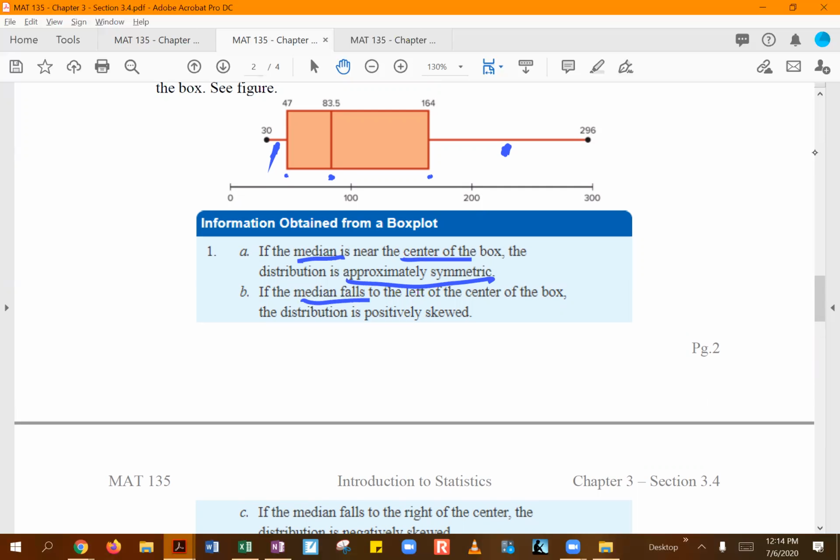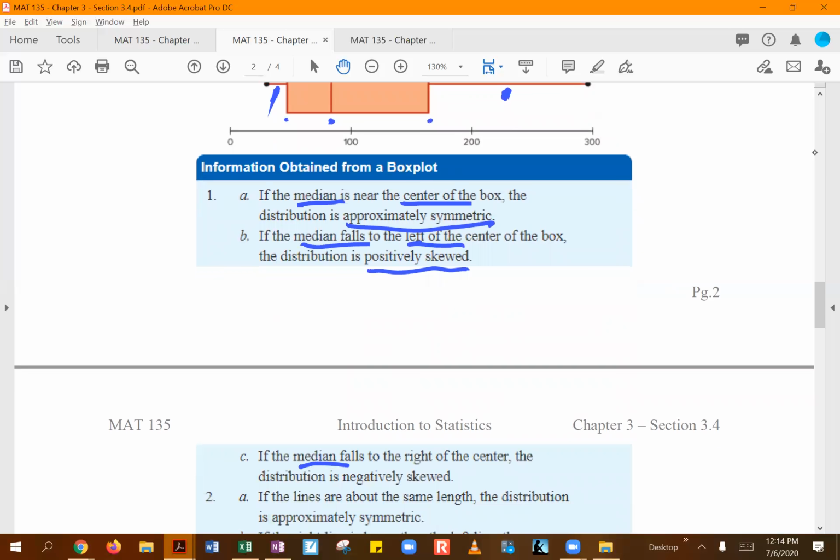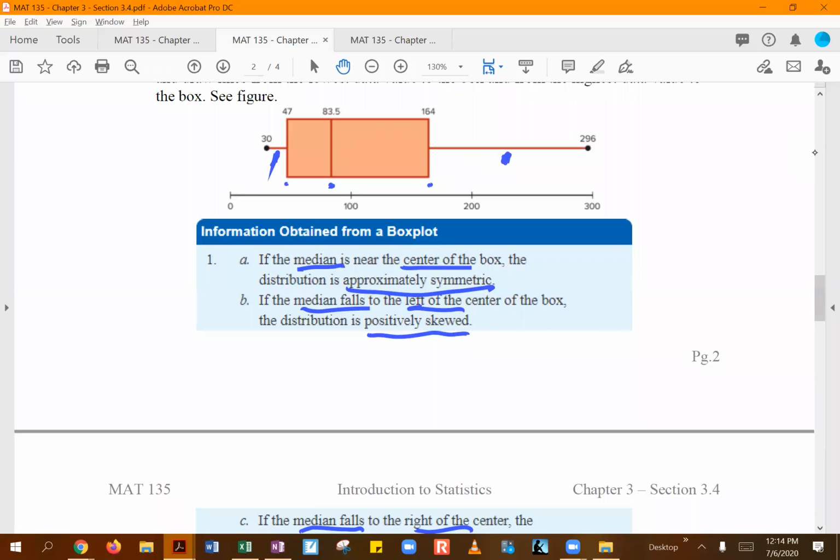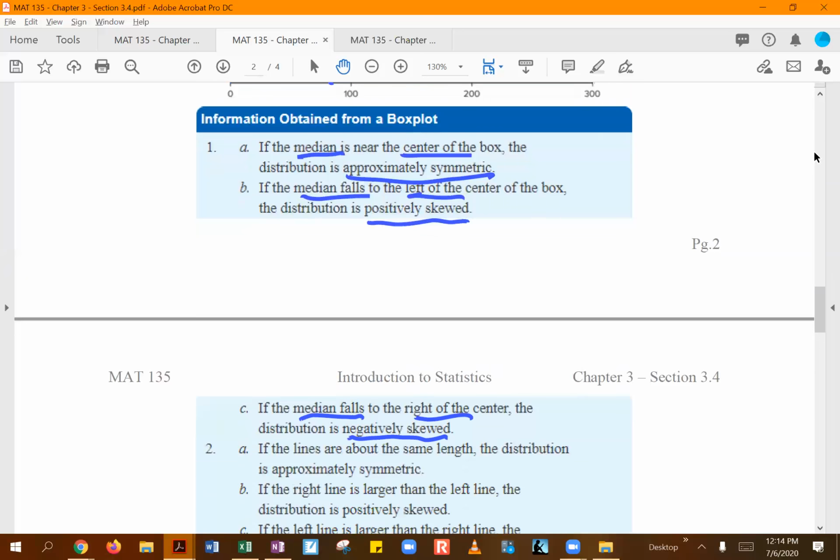If the median falls to the left of the center, then we would say our distribution is positively skewed. If the median falls to the right of your center, then we would say our distribution is negatively skewed. So just by looking at where the line for our median falls in the box, that can help us. But sometimes it might even be helpful to look at the horizontal lines or the whiskers.